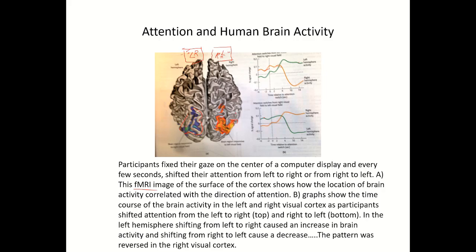So when the activity in this side increased, the activity in this side decreased. So you can subtract and see the difference. And when the activity in this side increased, the activity of this side was suppressed. That's what you see here.